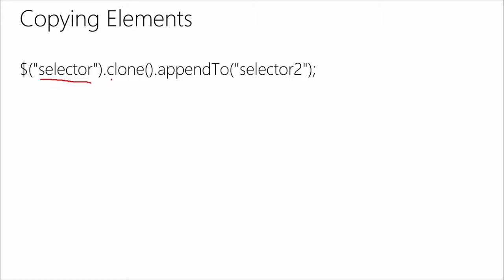And then I could call clone, and what this will do is it'll give me a deep copy of what's in that selector, so that selector and all of its children. As you can see here on the slide, with this example, I'm actually saying take some selector and clone it, and then go ahead and append it to a second selector.